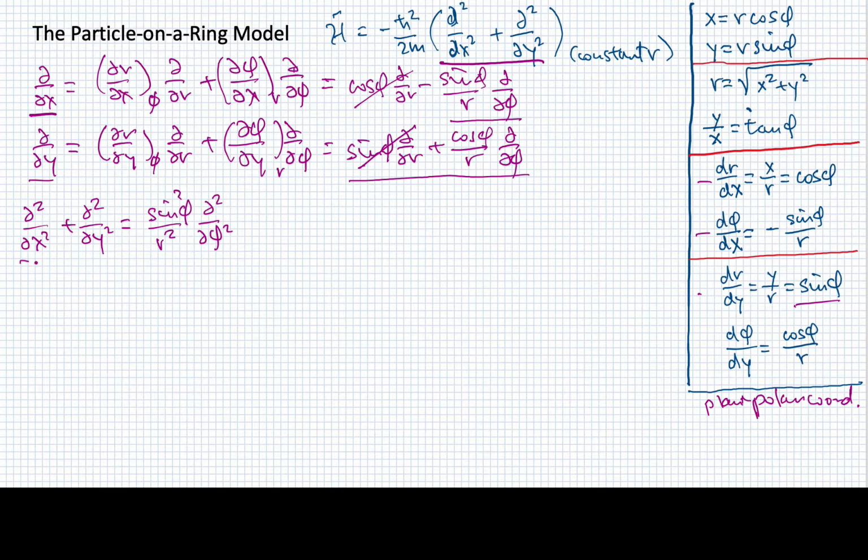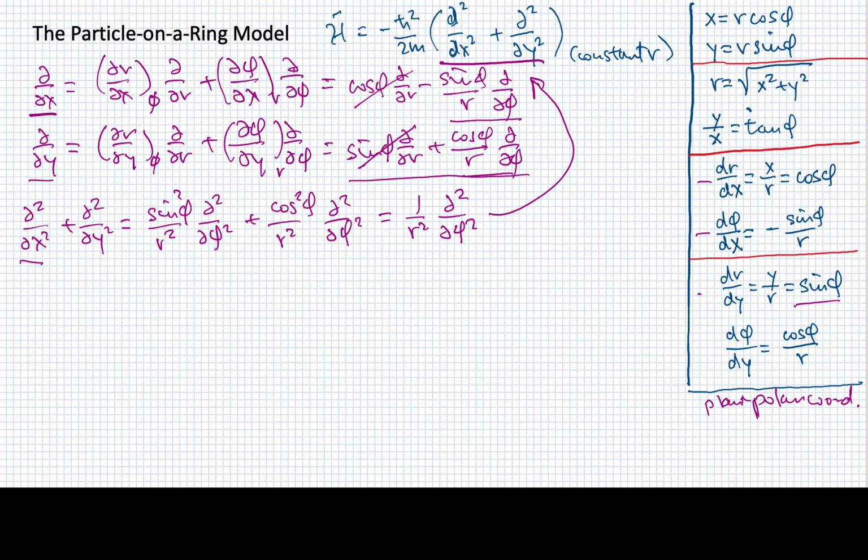That's for the x term. And for the y term, I'll just take the square of this. So I'll have plus cosine squared of phi over r squared d phi squared. And once again, sine squared plus cosine squared is going to equal 1, so I'll have 1 over r squared d phi squared. And that's really what's going to be in my Hamiltonian up here at the end.